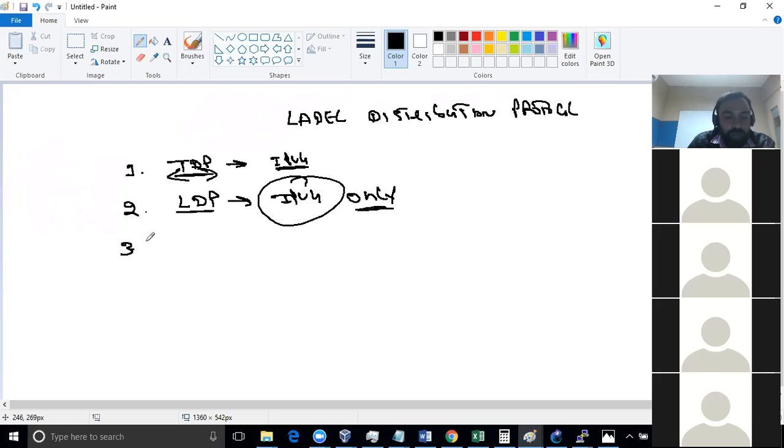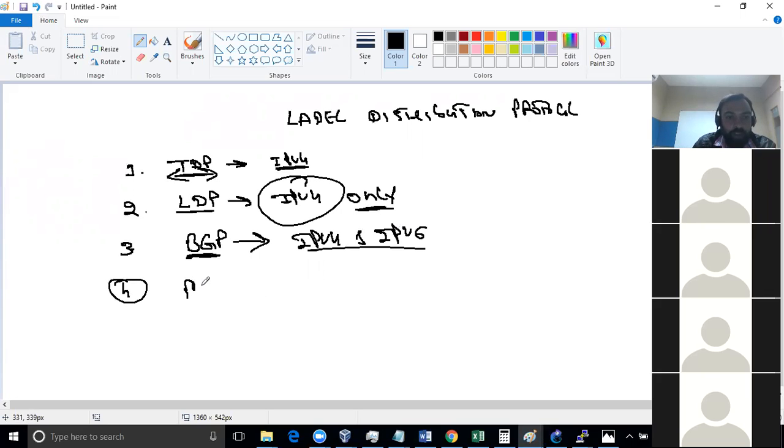So next one we have BGP. BGP can attach labels for both IP version 4 and IP version 6. Next in the list of label distribution is MP-BGP, multi-protocol extension to BGP.